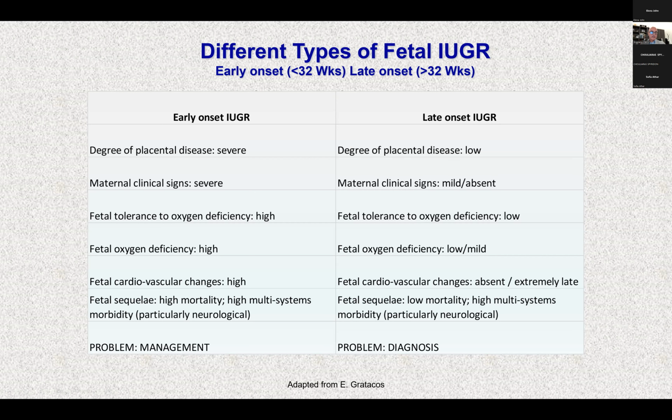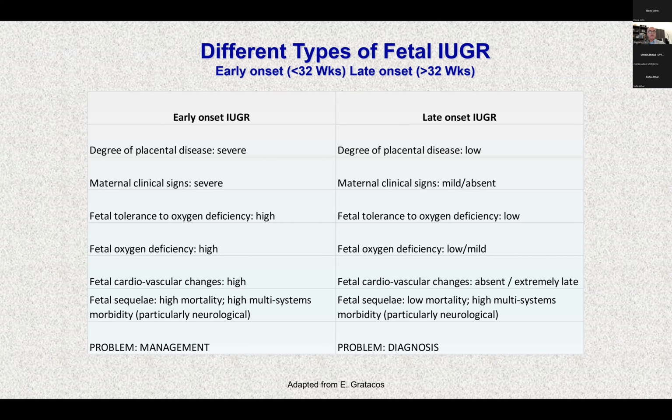The problem in the early onset is the management, because the diagnosis we can say is easy. In the late onset, the problem is the diagnosis, because we have an alternative in managing this kind of situation.